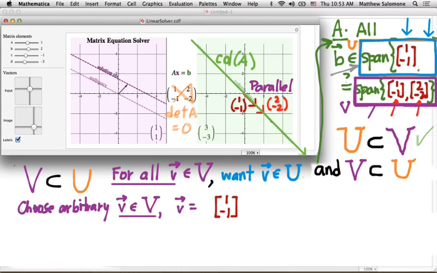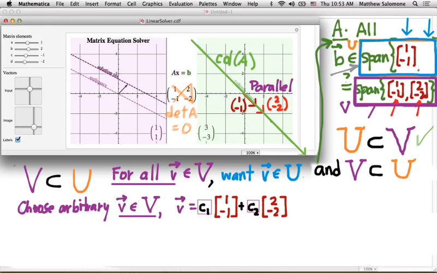But it's a linear combination of (1, -1) and (2, -2). And the coefficients of this linear combination are arbitrary. And what I mean by that is we're going to call them not by number, but by name. So let's say that this is C1 times the first vector plus C2 times the second vector.